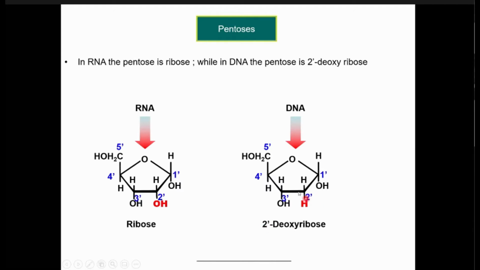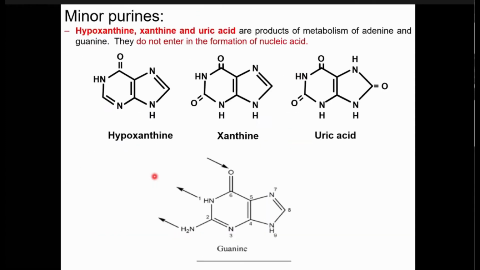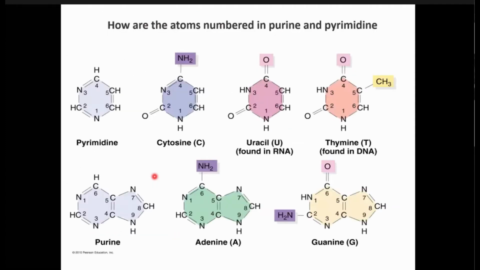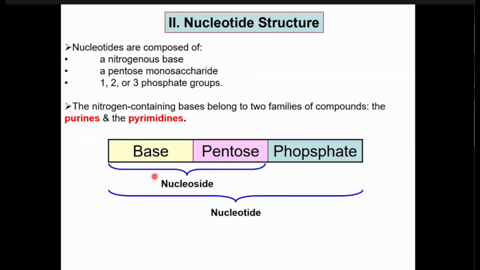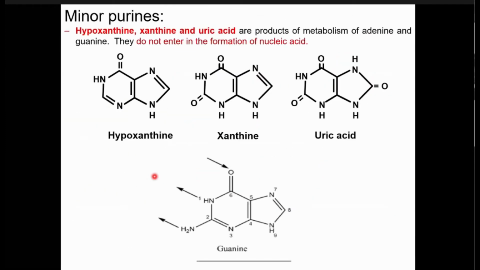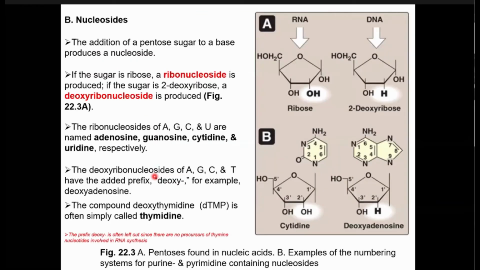Now, you might ask me why you are doing a prime, this prime. We do the primes in order not to get confused with the base, because the sugar will be attached to a base. You see, this is for instance a sugar, and is attached to this base.